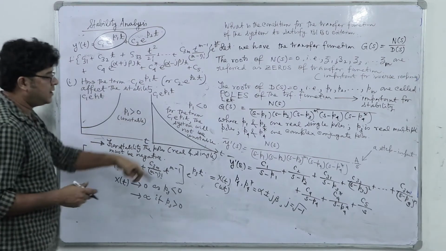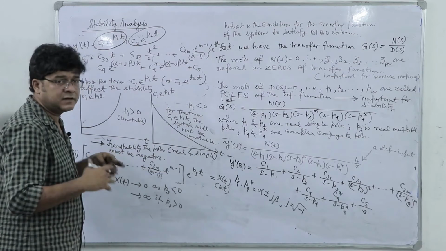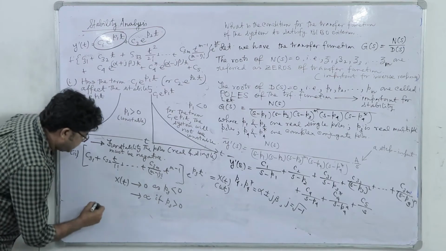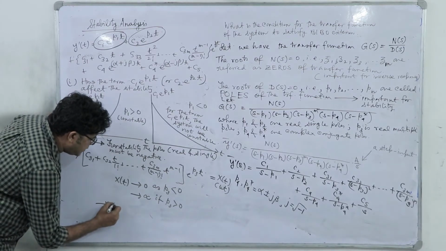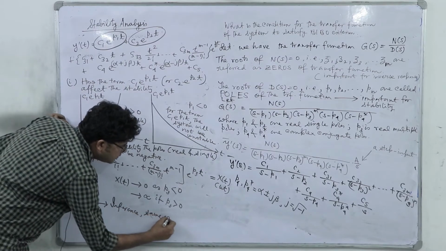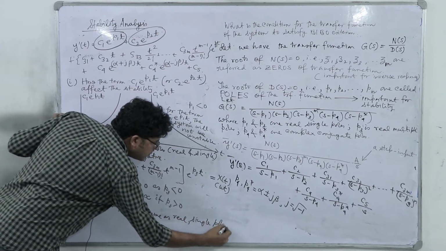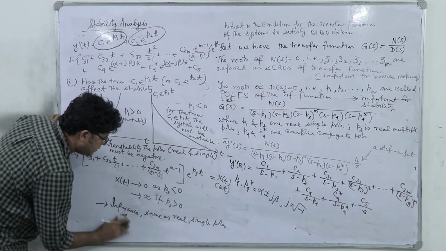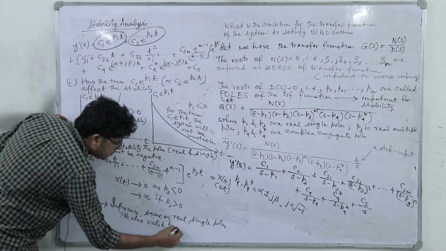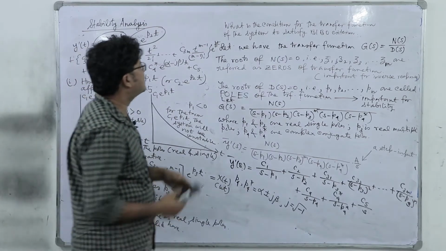The polynomial will not be that influential to dominate this, because the exponential, as you know, is an infinite series of polynomials. So the inference same as real single pole is also valid here. Next we will think about the complex conjugate poles.